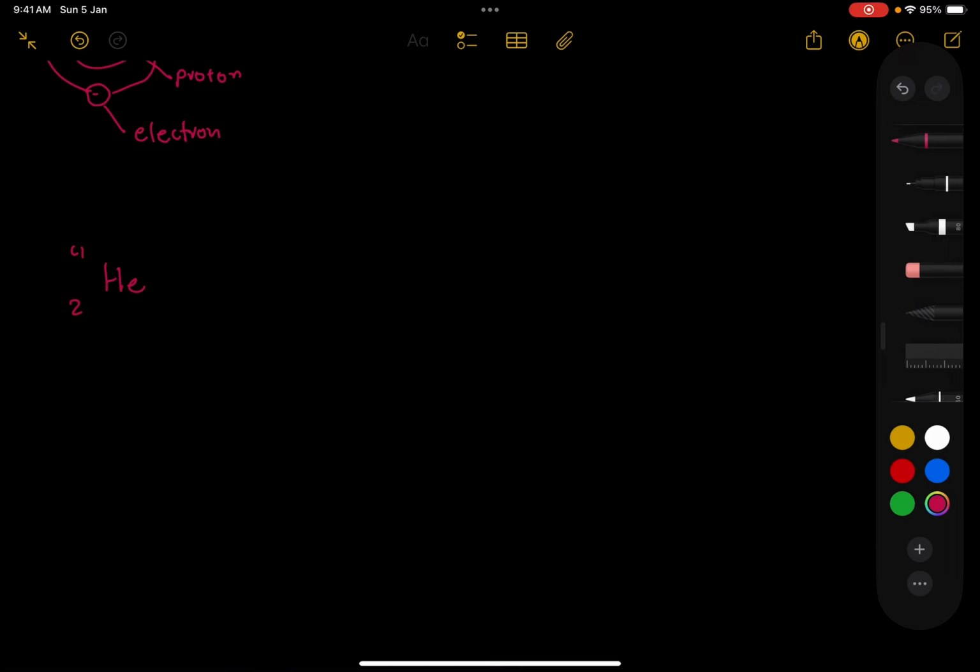And this number right here, if I was to give a general symbol overview, it would be an A. This number would be a Z, and then the atom itself, the element itself, would be an X. So that would be the symbol representation of any atom, the atomic notation of any atom.